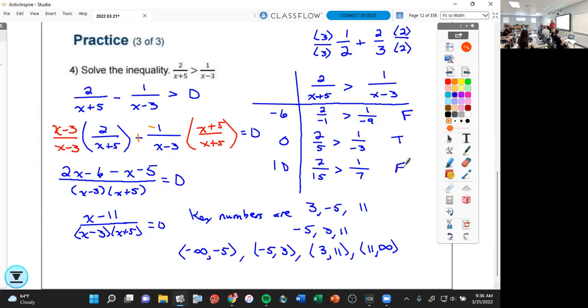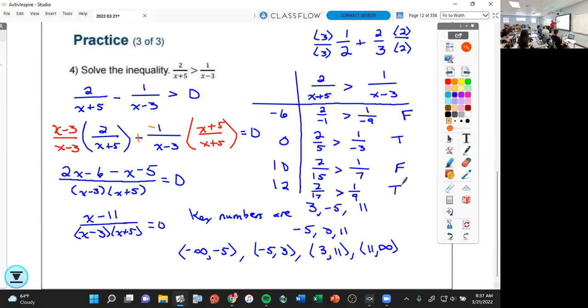Number between 11 and infinity? I'm going to go 12. 2 over 17 is greater than 1 over 9. 2 over 17 is bigger. So this is true. Okay.